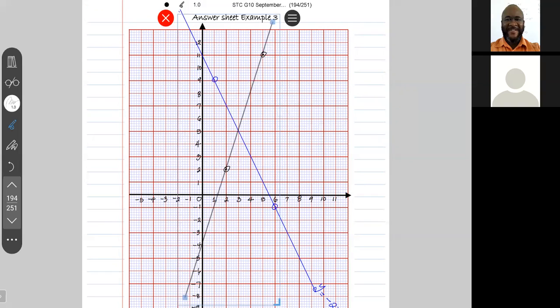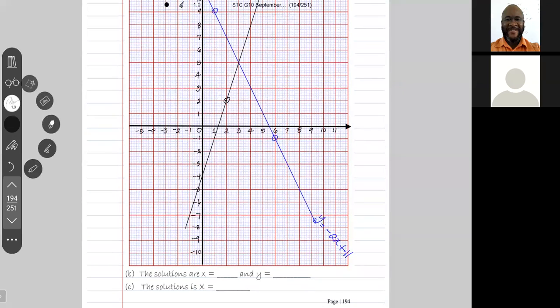All right, I think we're almost there. Yeah, this is the line of y is equal to 3x minus 4 and this is the line of y is equal to minus 2x plus 11.